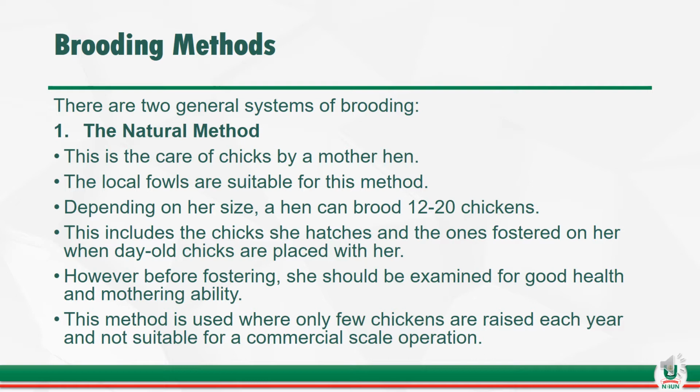The local fowls are the ones suitable for this. Depending on her size, a single hen can brood up to 20 chickens. But for commercial purposes, this may be a bit difficult. You cannot be putting 20 eggs under a brooding hen. So we'll get to the artificial one in a short while.